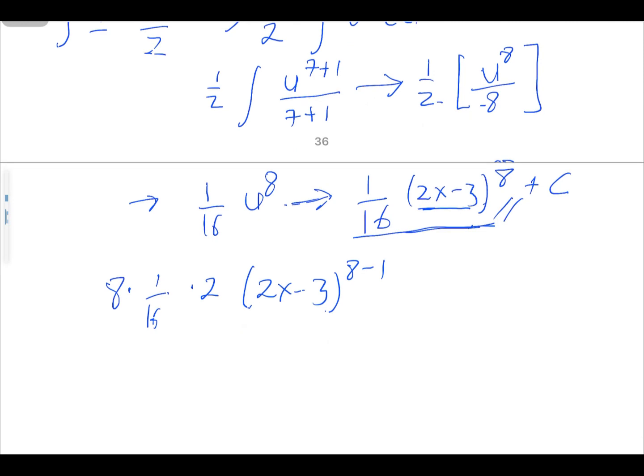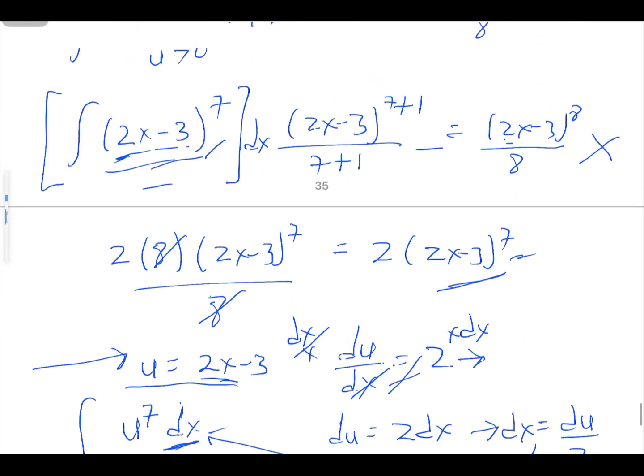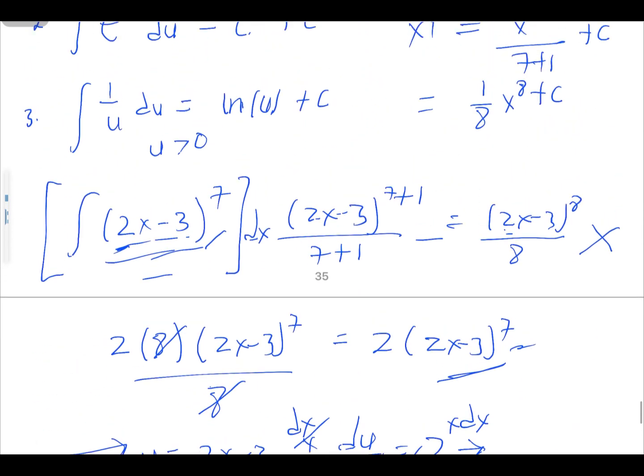So at the end of the day, this 8 will go here, times 2, and then we are going to have 2x minus 3, and the power will reduce by 1, which is 7, which is actually the same as the question which was provided for you over here.